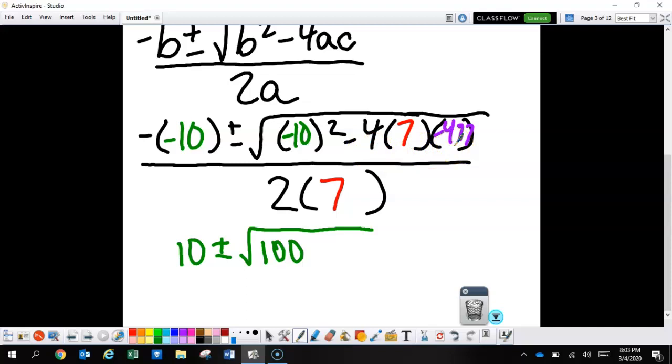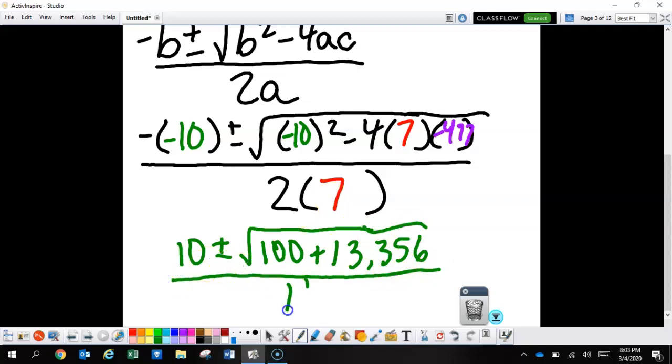Let me see what that is. It is positive, because it's a negative times a negative, so it's going to be positive 13,356, all over 2 times 7, which is 14.